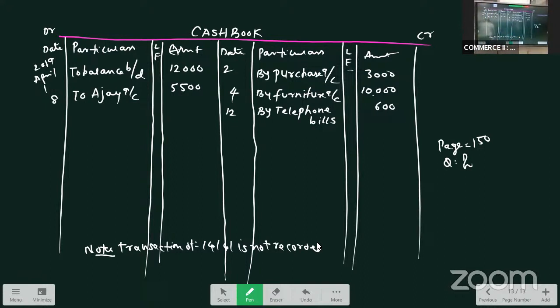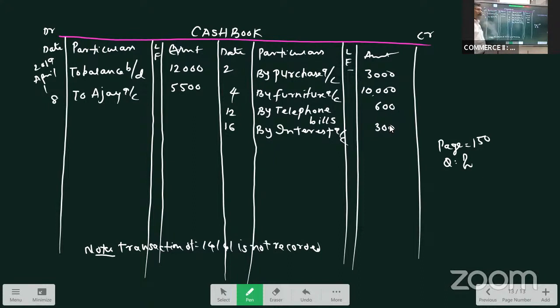Next is interest paid. Is it an inflow or outflow? Interest paid is an outflow. By interest, 300. Next is purchase stationery. Again, this is also an outflow.